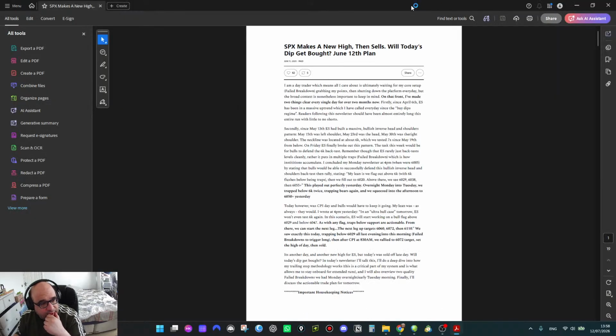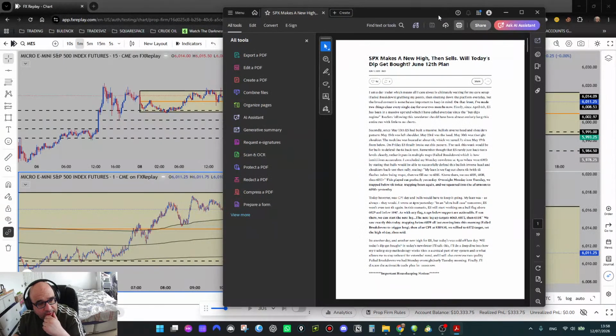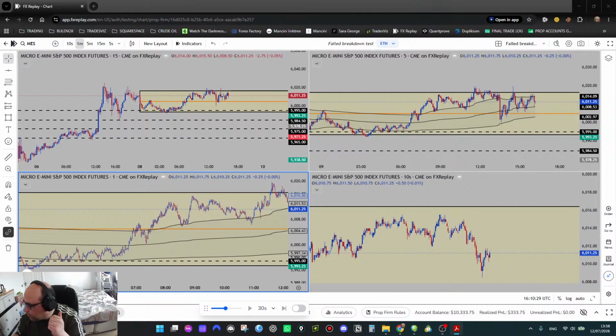The failed breakdowns are happening always at the previous lows, usually at the previous day's low. Or sometimes you can test the previous day's lows, could be like 2 days ago or 3 days ago. So let's see.